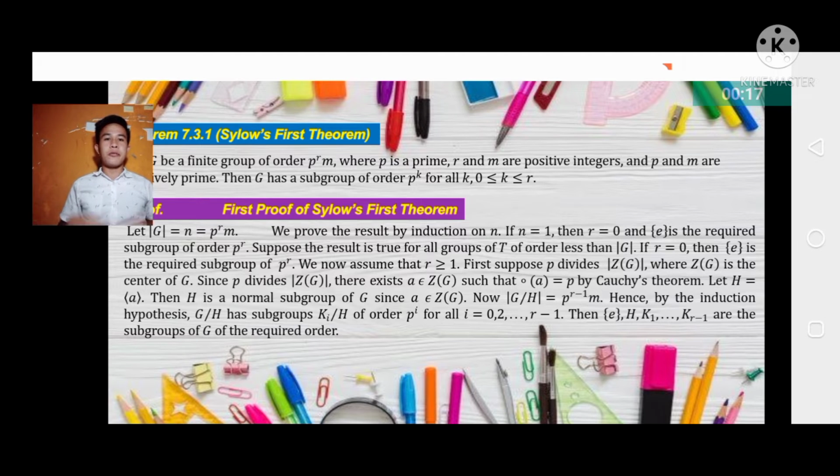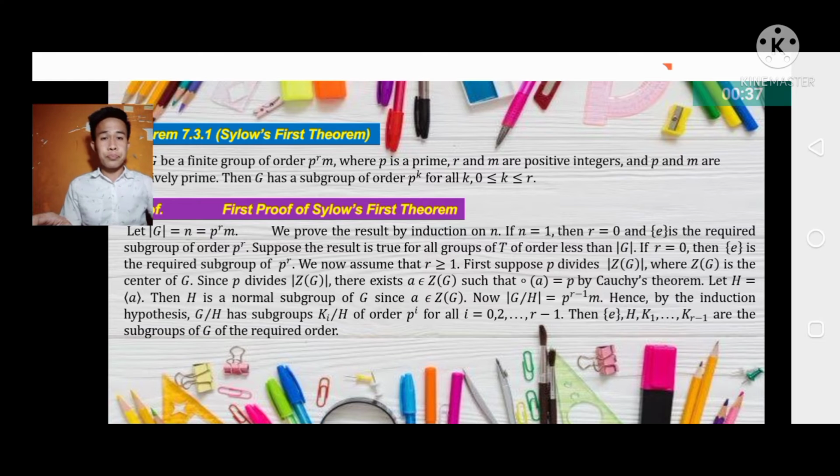So we are now at the proof of Sylow's first theorem, which is Theorem 7.3.1. Here is a proof of this theorem. Let the order of the group G be equal to n, which is equal to p to the power r times m.